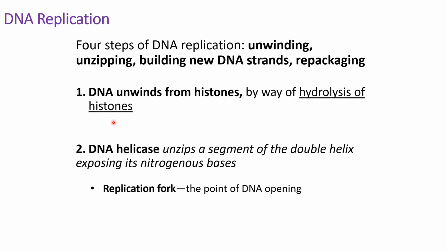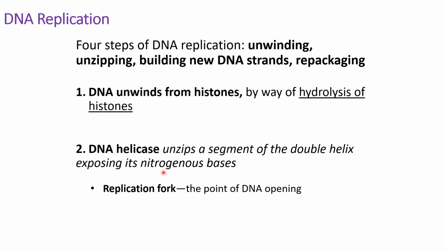Once we have unwound the DNA from histones, then another event is going to take place. We're going to see this very important enzyme that you need to know. It's called DNA helicase. DNA helicase is going to come along and unzip the double helix. This is why we call it unzipping. We're basically separating the two strands that make up that DNA molecule, and this way we have exposed the nitrogenous bases existing in both of those strands.